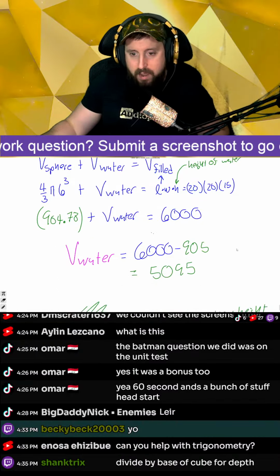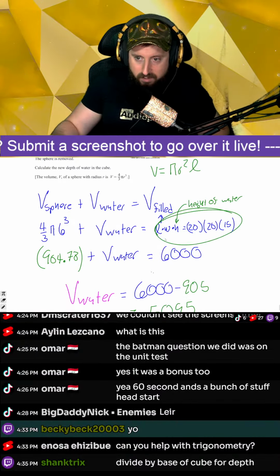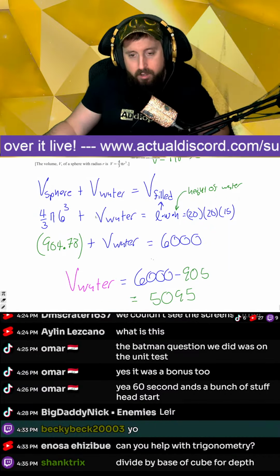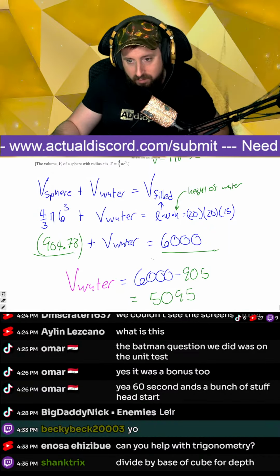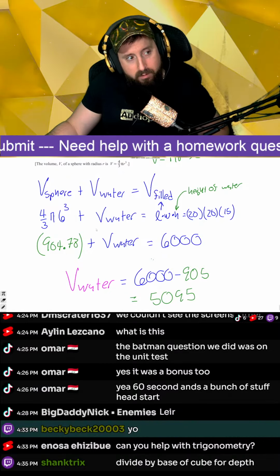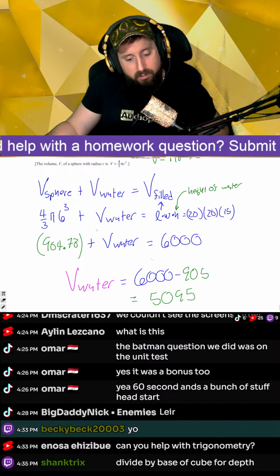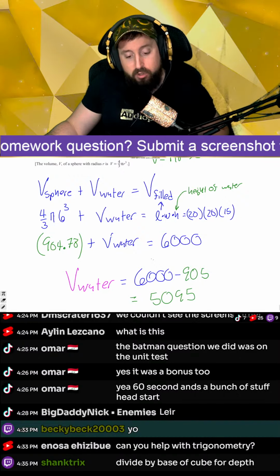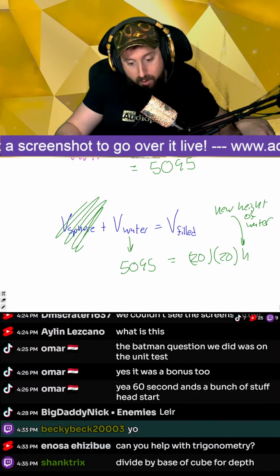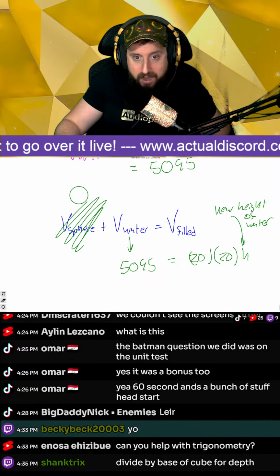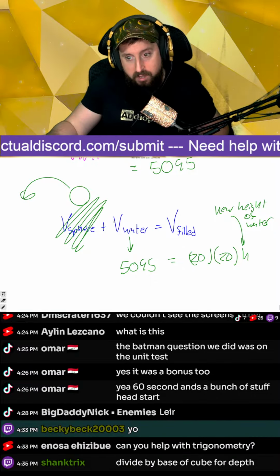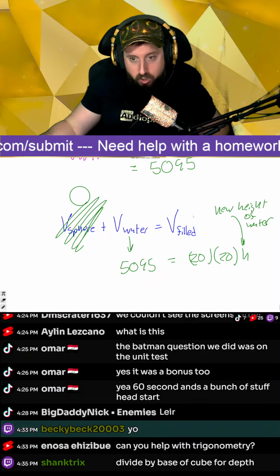Good. So at the beginning it included the volume of the sphere and the volume of the water. We used these numbers to figure out the volume of the water that's there. So I need to figure out the volume of just the water, because when you remove the sphere, this goes away. Now just the water is creating the filled cube.